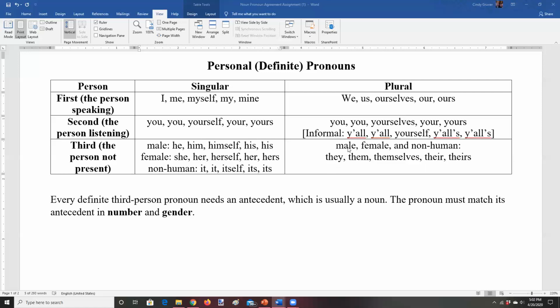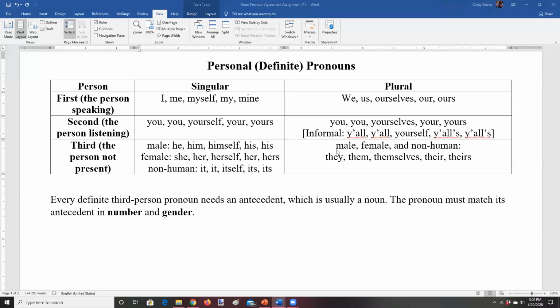So now we're going to the third person plural. And this can be a mixed situation. It could be a group of boys we're talking about, or men. It could be a group of girls we're talking about, or women. So it could be all one gender, or all the other gender, or all inanimate objects. Maybe it's my collection of books or stamps or cars or stones or whatever.